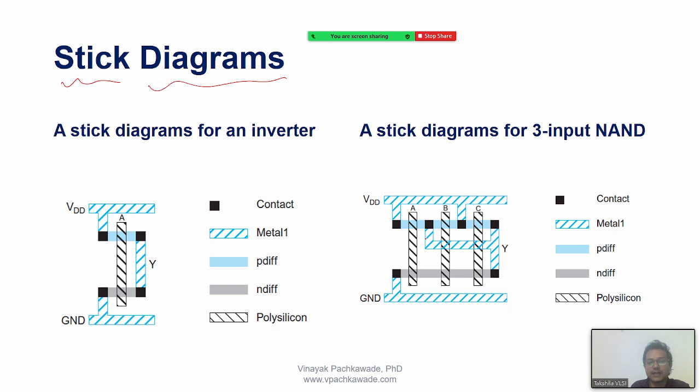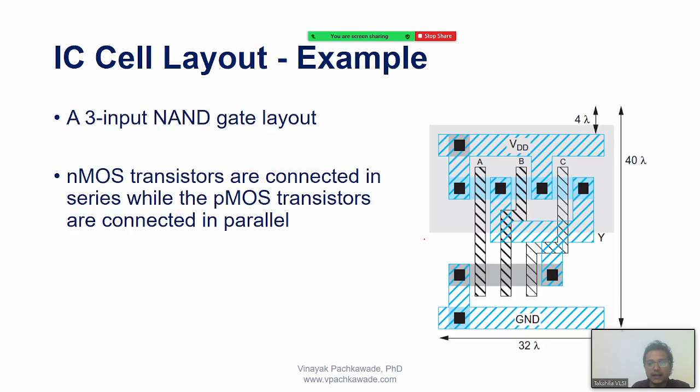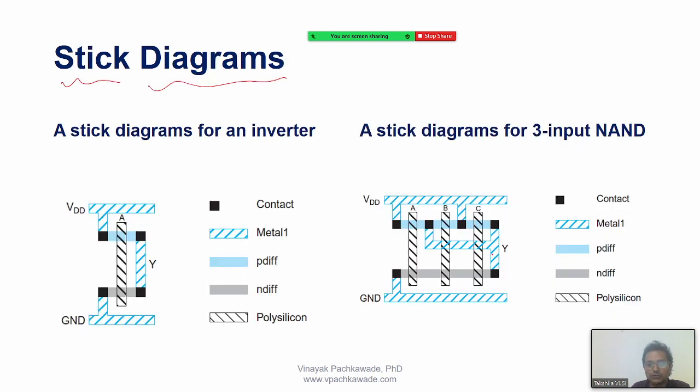Stick diagram is basically a simplified layout. For instance, in a layout I have to draw extra space and well maintained, and I have to show properly all these areas. Stick diagrams help me, with the number of layers, to quickly draw the diagram for each of the cells.